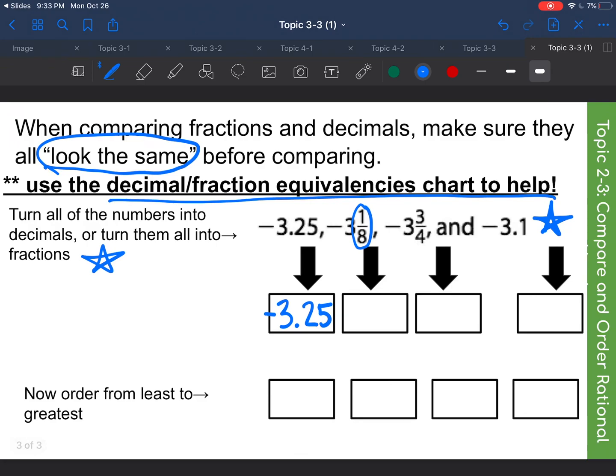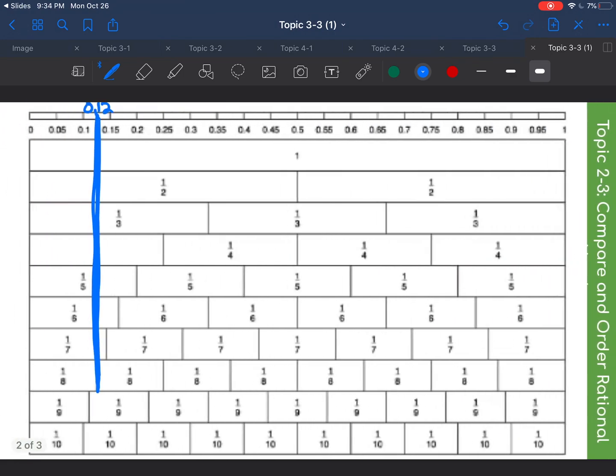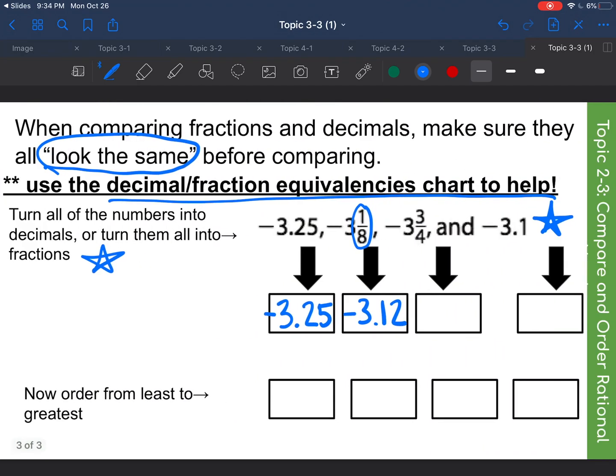So -3 and 1/8 is around -3 and 12/100ths. Again, it's an estimate, but we know it's between these two decimals, and we know that the 1 here is really 1, 0. So it's between 10/100ths and 15/100ths, and I'm going to say around 12 or 13/100ths.